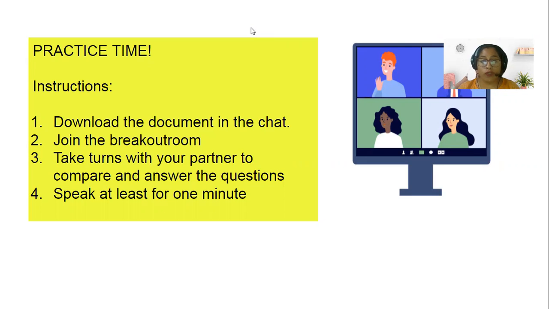What do you have to do first? Download the document that contains the pictures and the questions in the chat, right? Join the breakout room. Take turns with your partner to compare and answer the questions. Speak at least for 1 minute.